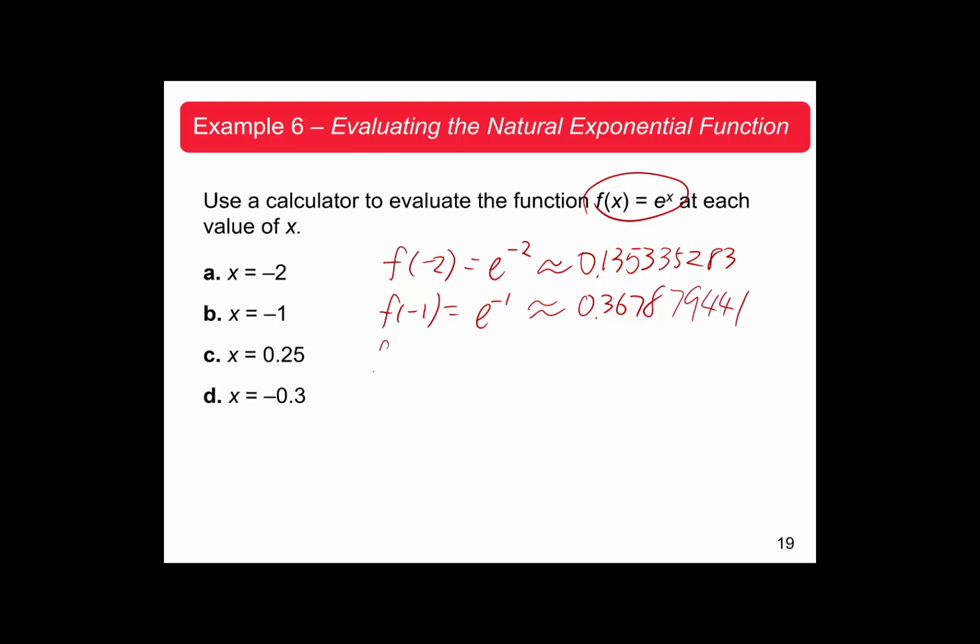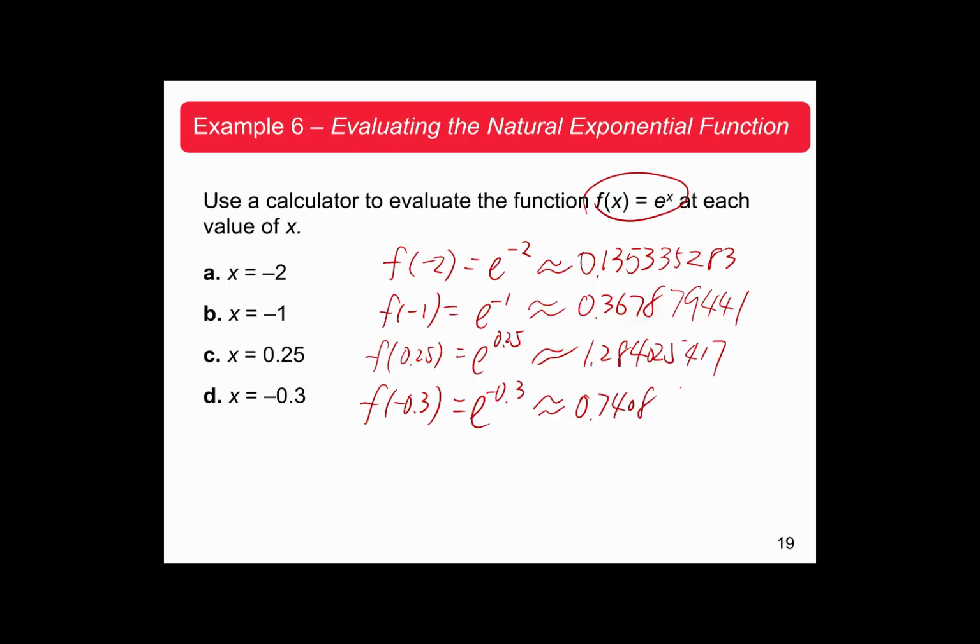And then f of 0.25, e raised to the 0.25th power, turned out to be 1.284025417. And f of -0.3, it's e raised to -0.3, and this turned out to be 0.740818221.